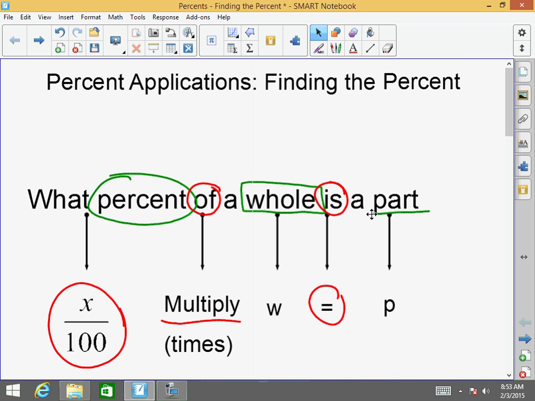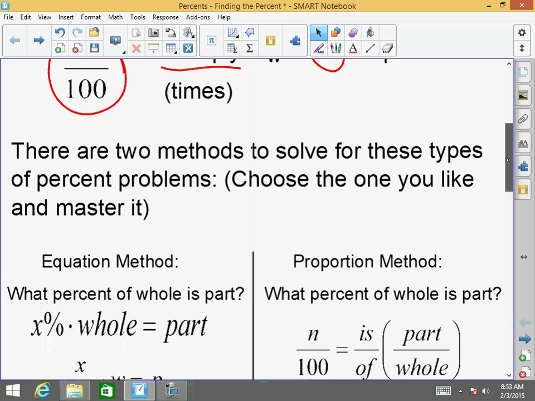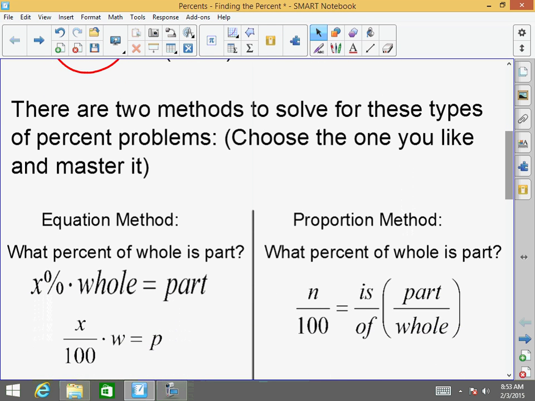There are two ways to solve percent problems: the equation method and the proportion method. It really depends on what you want to use.